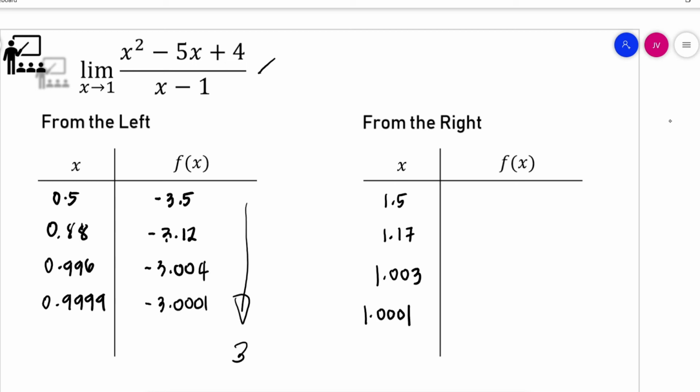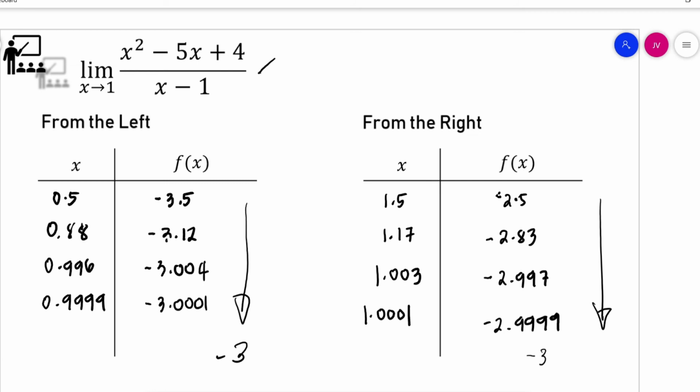In here we have negative 2.5, negative 2.83, negative 2.997, and negative 2.9999. So as the value of your x approaches 1, the value of your f of x approaches negative 3.